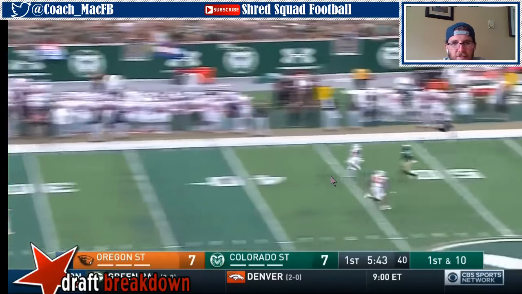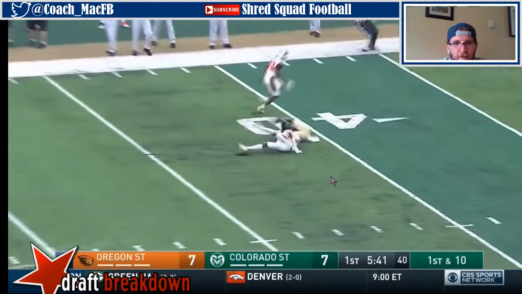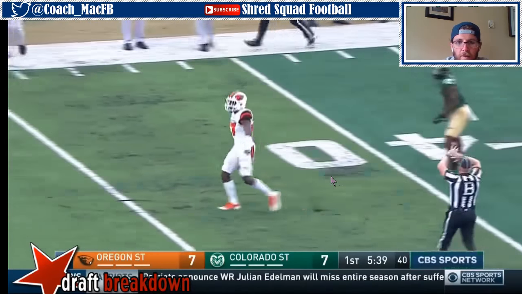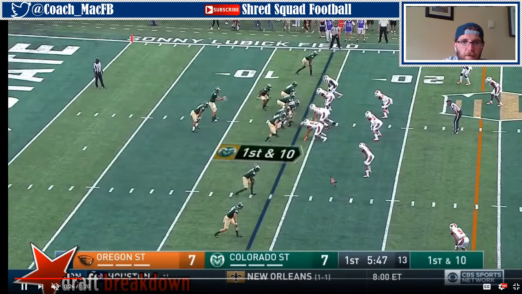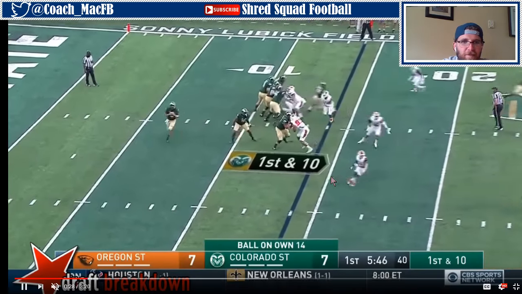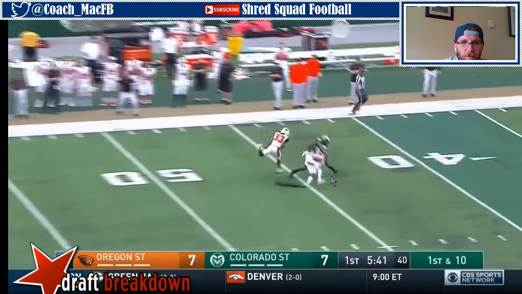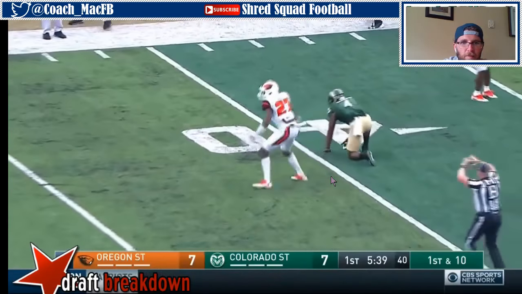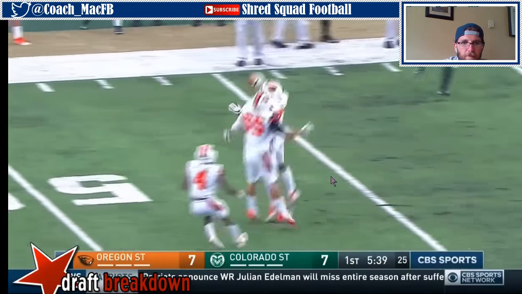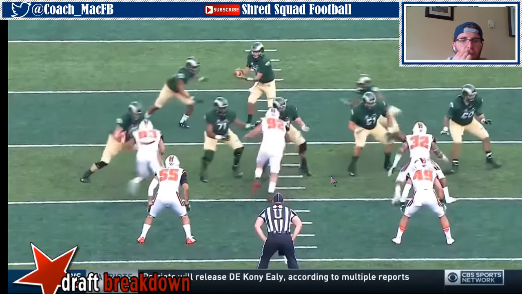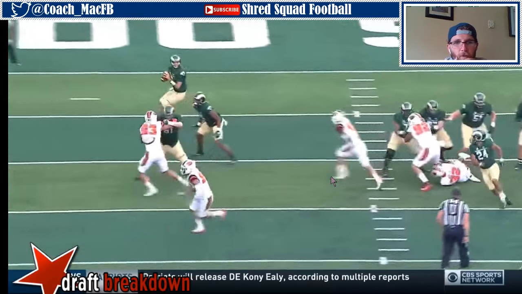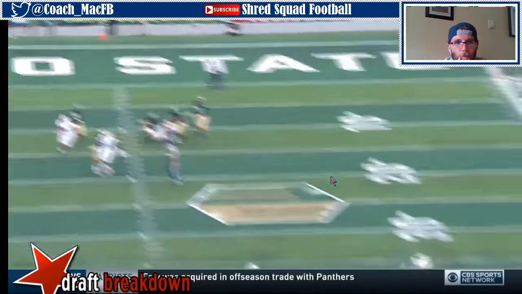Oh boy, the quarterback just got bopped. You see that? Underthrown ball. Good play by the corner there. Oh no. Oh no. Oh!